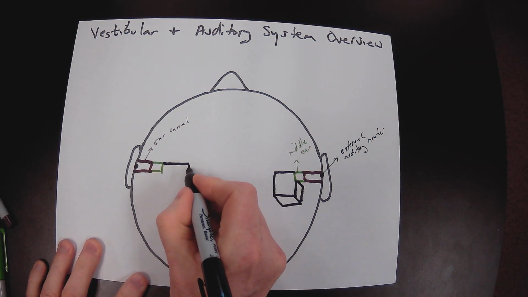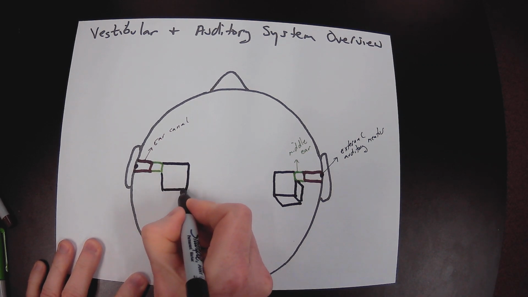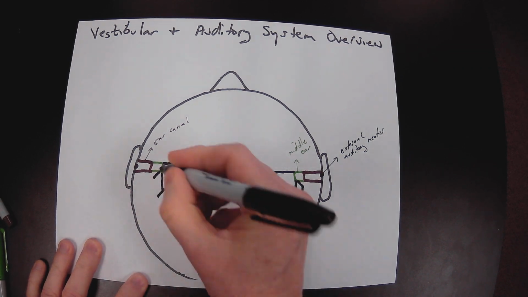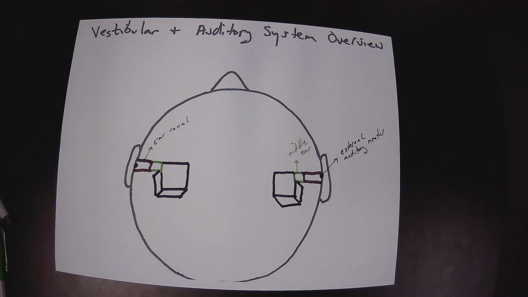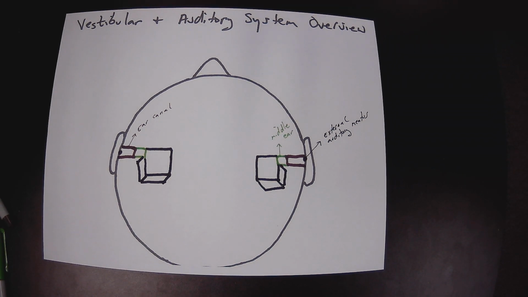This box is made of bone. In reality, this structure doesn't look like a box, but I think if I draw it as a box, it's easier to see how other parts connect to it.